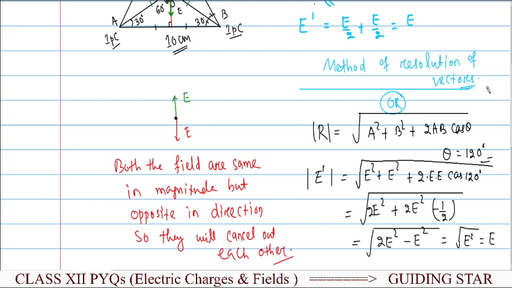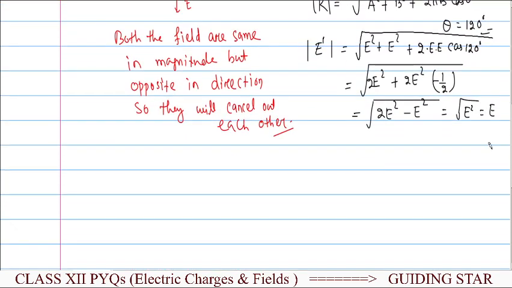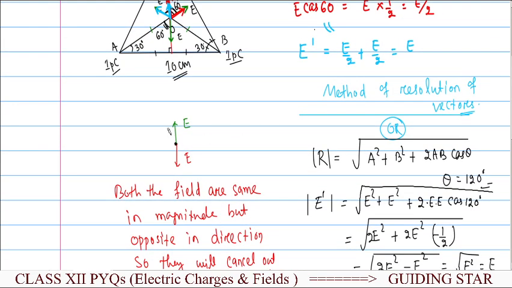So what will be the net electric field? E net will be equal to 0, as they cancel out each other.